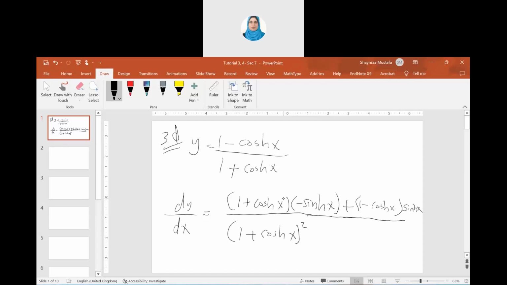You can simplify more, you can keep it as it is, okay. The most important thing is to find the derivative.